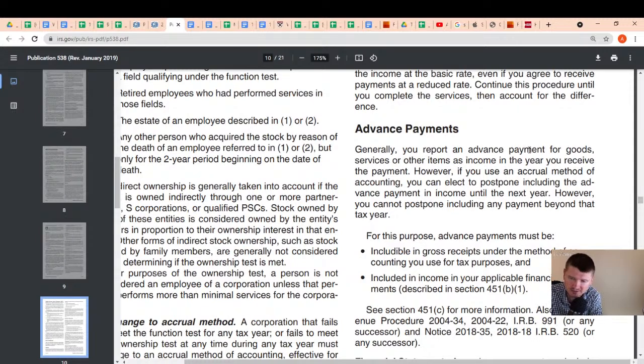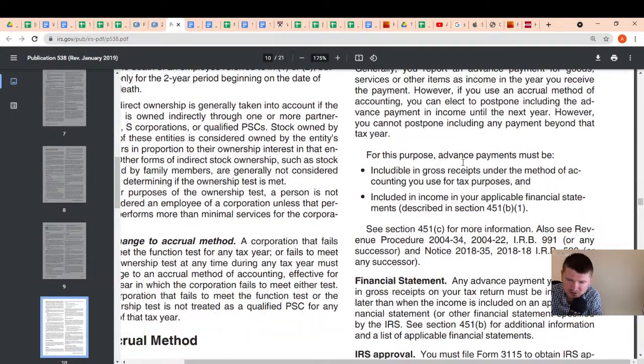Generally, you report an advance payment for goods, services, or other items as income in the year you received the payment. However, if you use an accrual method of accounting, you can elect to postpone including the advance payment in income until the next year. However, you cannot postpone including any payment beyond that tax year.